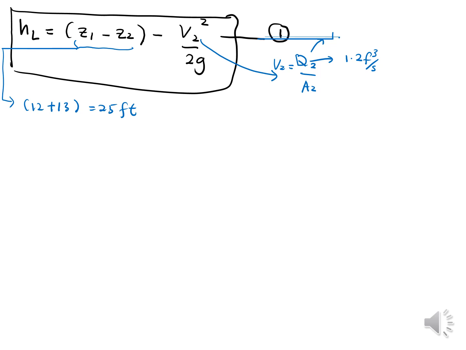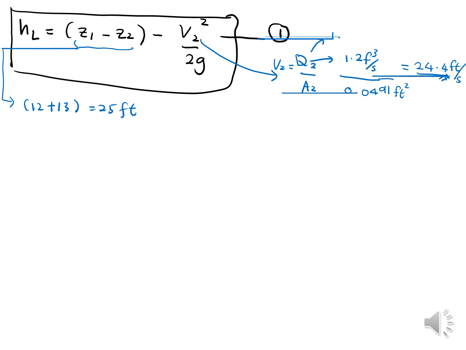So we divide by the area, in which the area in this case is 0.0491 feet to the power of 2. Therefore our V2 is actually 24.4 feet per second.